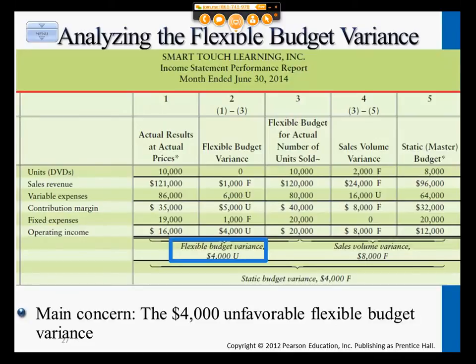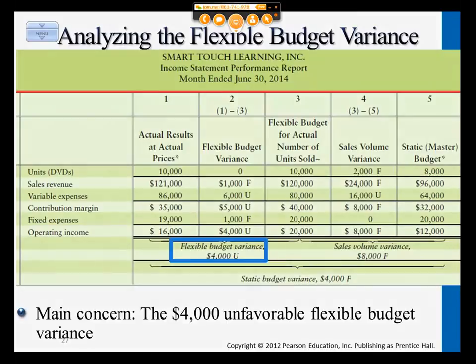So we figured that flexible budget, we have it here calculated, that the 4,000 is unfavorable flexible budget variance for our operating income. So the first thing that we want to do is to investigate what caused this cost variance to be unfavorable. How do we get to 4,000 of flexible budget variance that's unfavorable?